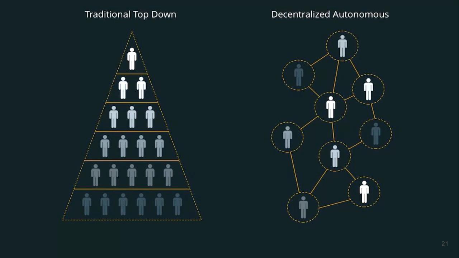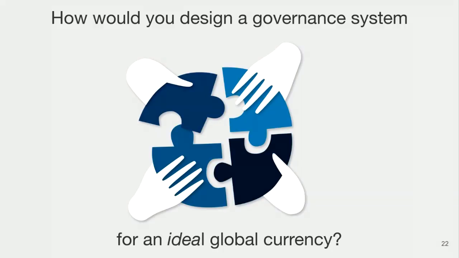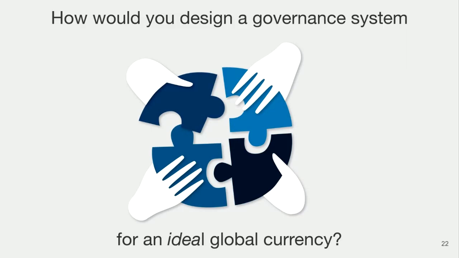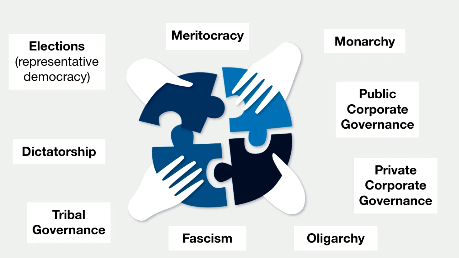I have one more challenge question for you guys. If my slides will change. Oops. How would you design a governance system for an ideal global currency? Remember, here are the common forms today that we've seen.